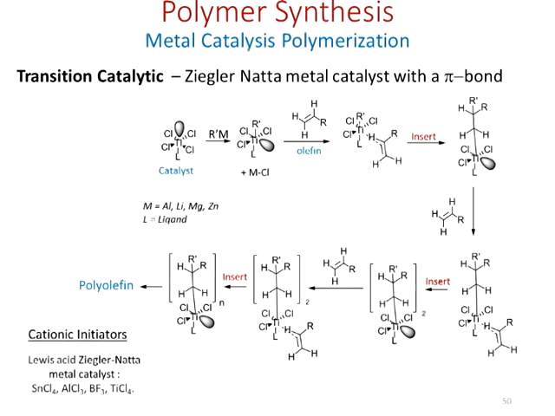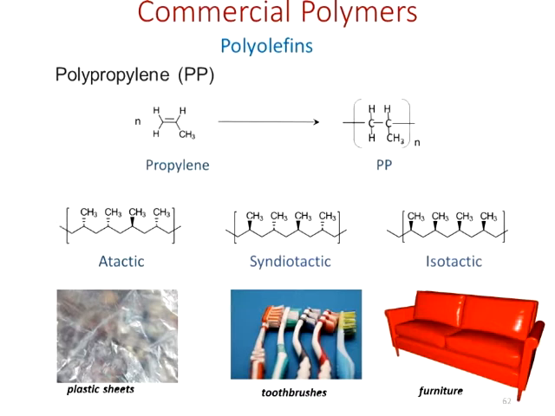And so when the olefins complex with that metal on a stereospecific face of that metal, when it undergoes complex insertion, it does it such that the methyl groups all align on one side. And this gives you a completely different polymer with different physical properties. Each of these three have different physical properties because of how the methyl group is oriented on the backbone of the polymer. And isotactic, you might find some isotactics in furniture.